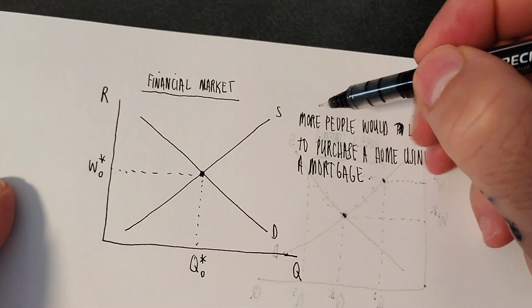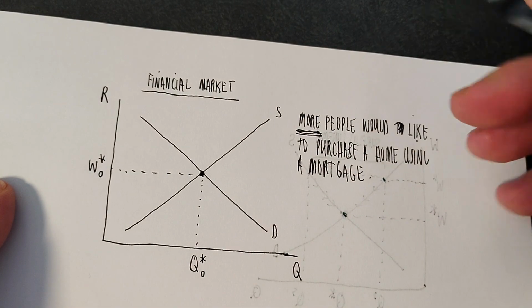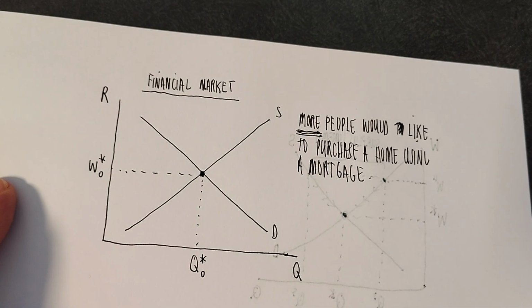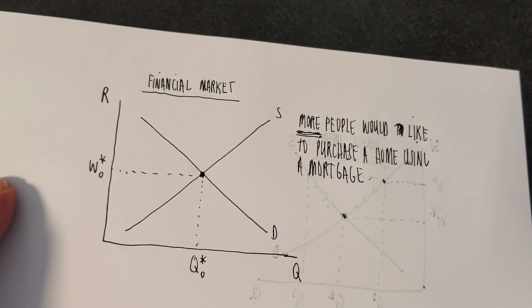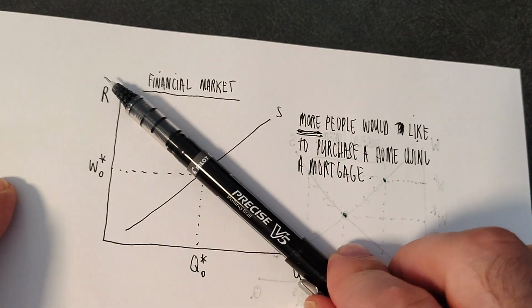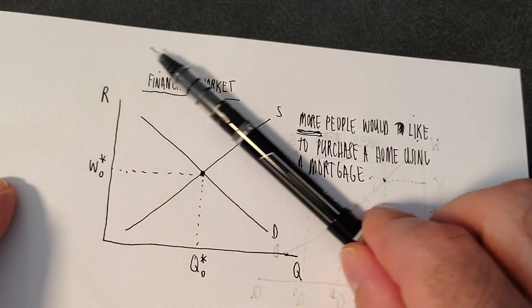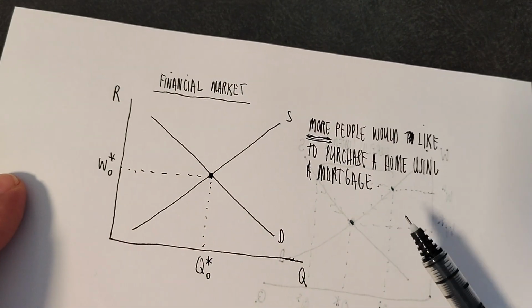But what happens if the amount of people that want to do this increases, so you have more people wanting to go out and buy a house and they want more mortgages? Well, what that's going to do is there's going to be a demand for financial capital. There's going to be a demand for that borrowing, and that's going to shift the demand curve to the right.